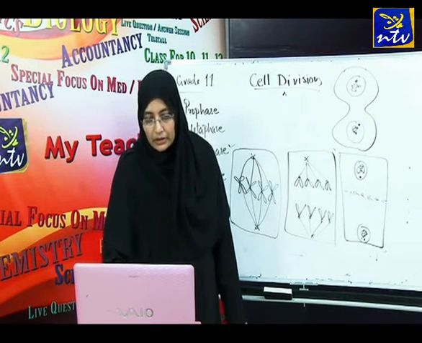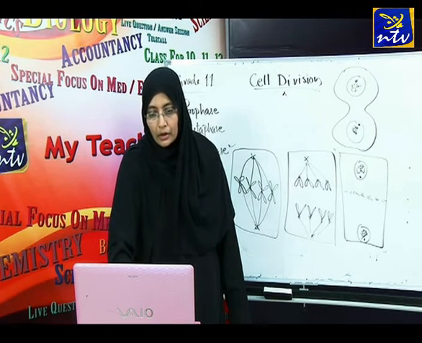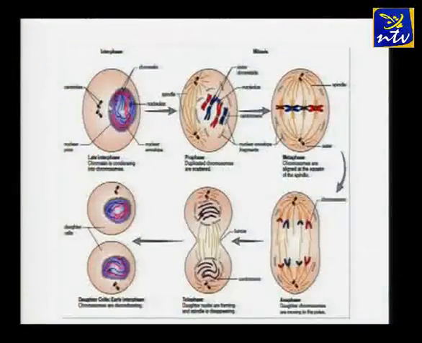Here you can see the interphase is given. In the interphase, centrioles are shown, then chromatin, then it comes to the next phase, that is the prophase. What is happening here in the prophase?